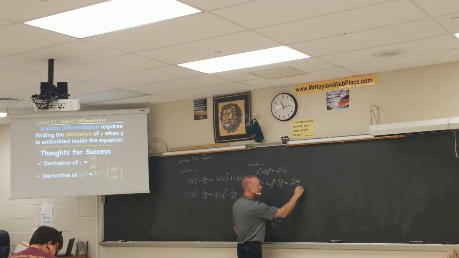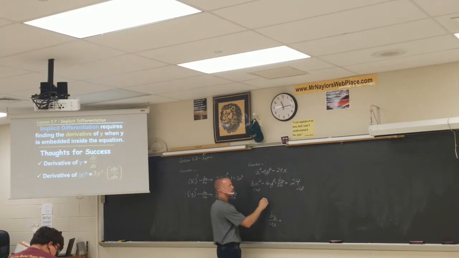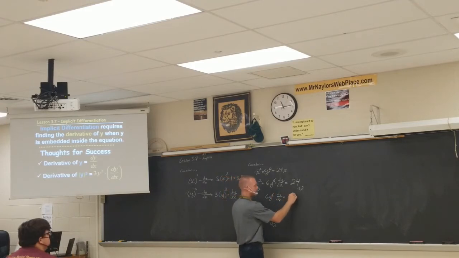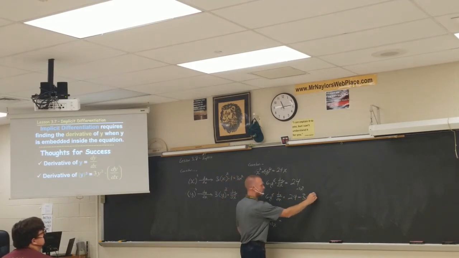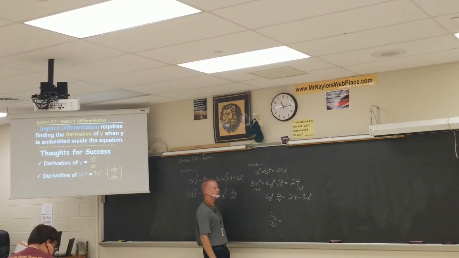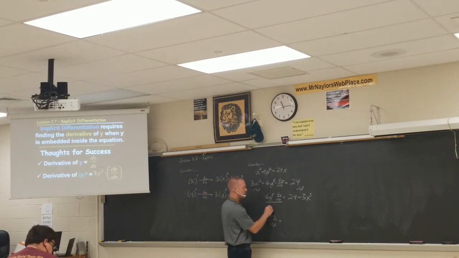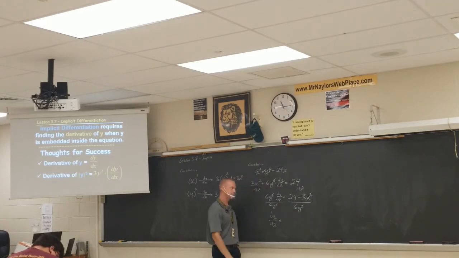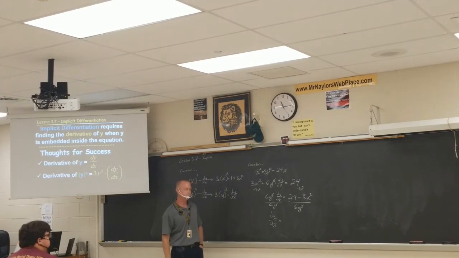So I subtract 3x squared from 24, and then you divide by the 6y to the 5th.